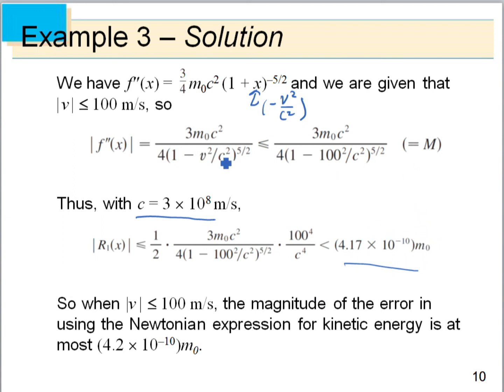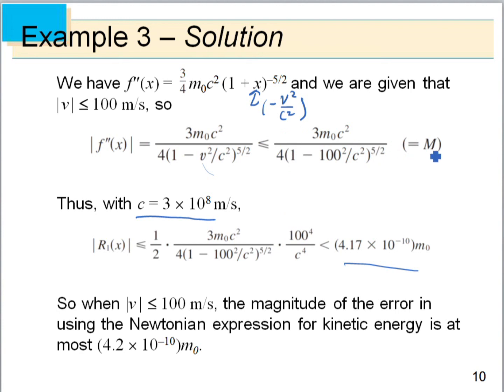So when we substitute v less than 100, so for example, if you consider the maximum value of v that we are considering is 100 meters per second, and knowing that the speed of light is 3 times 10 to the power 8, if we substitute into this expression, then we find that we do have an upper limit for the second derivative, and this is the value.